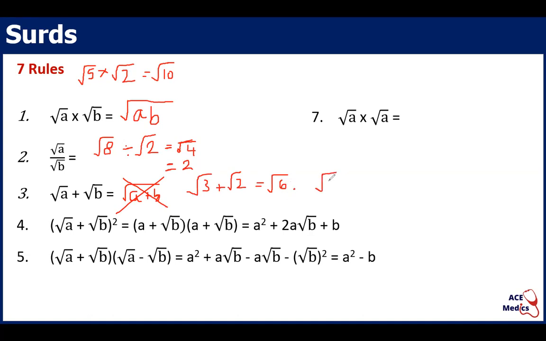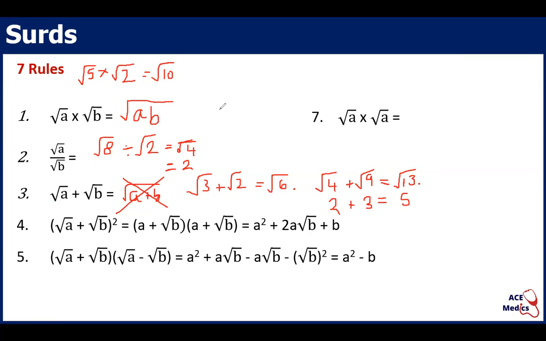If we have root 4 plus root 9, that is not going to be root 13. Why not? Because the square root of 4 is 2, the square root of 9 is 3, that equals 5. Root 13 does not equal 5. Does that make sense?